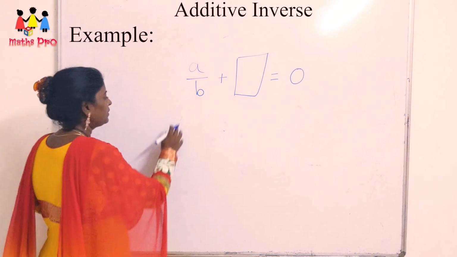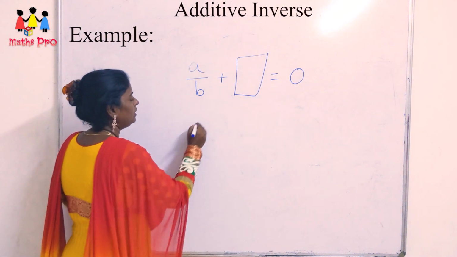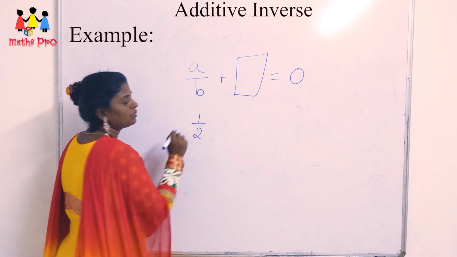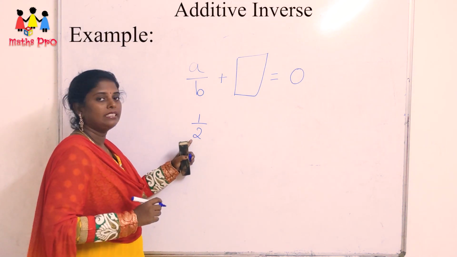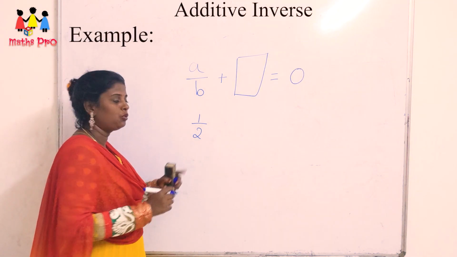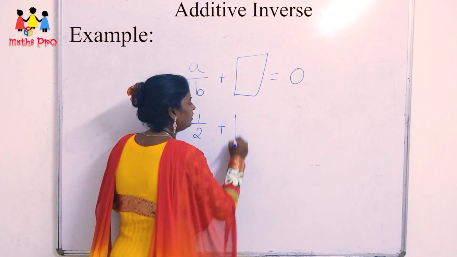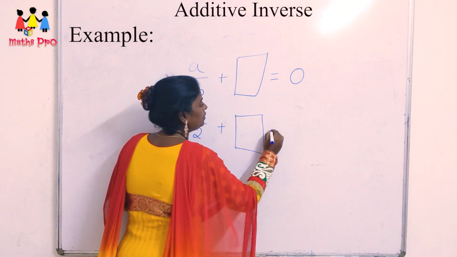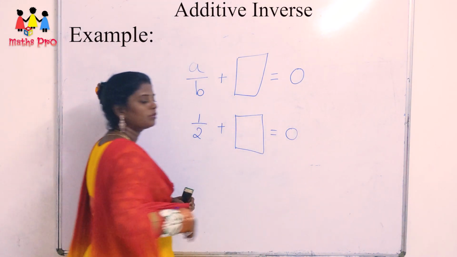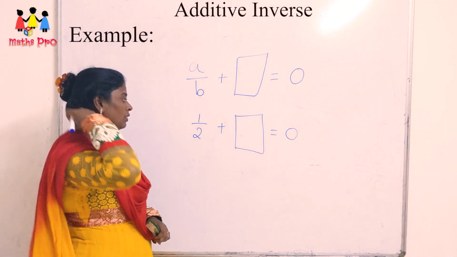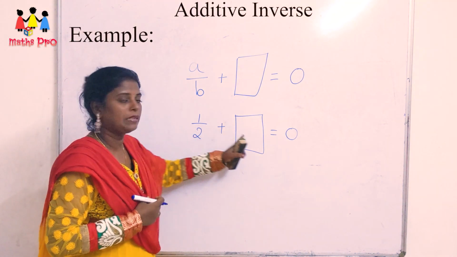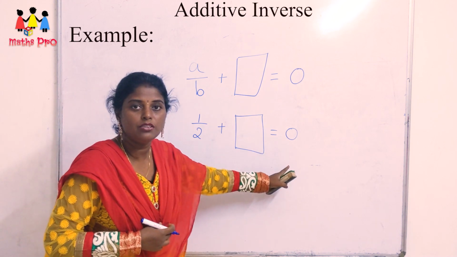For example, if I give the values for the variable like 1 by 2, I need to add the rational number 1 by 2 with some number that gives the value 0.